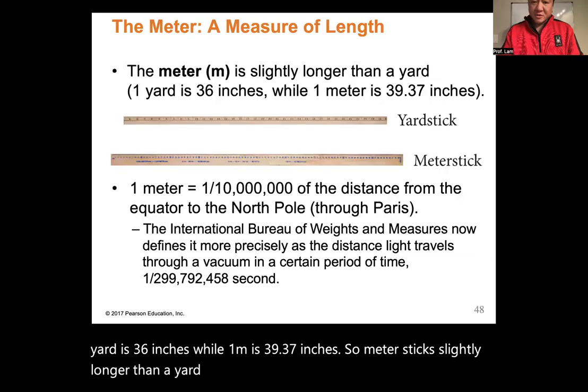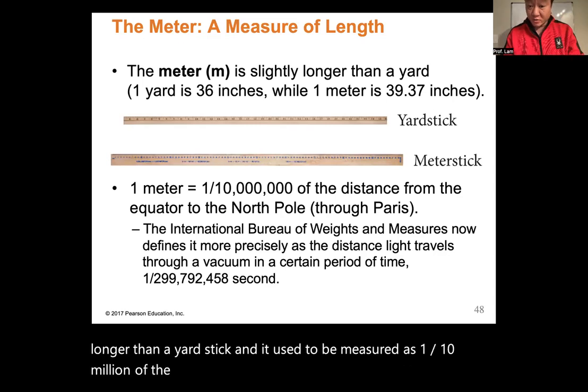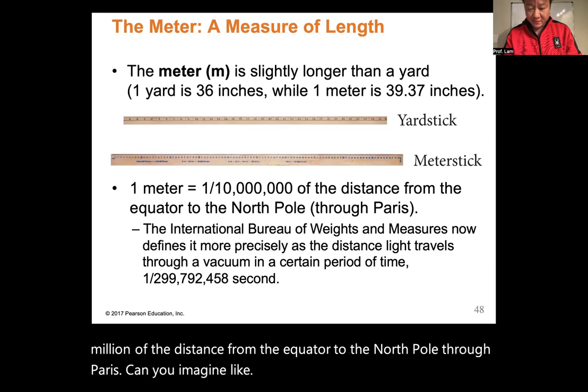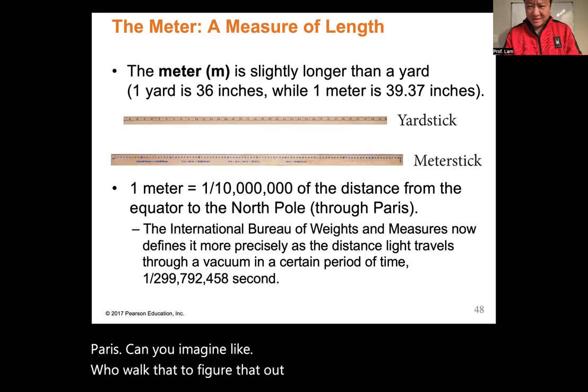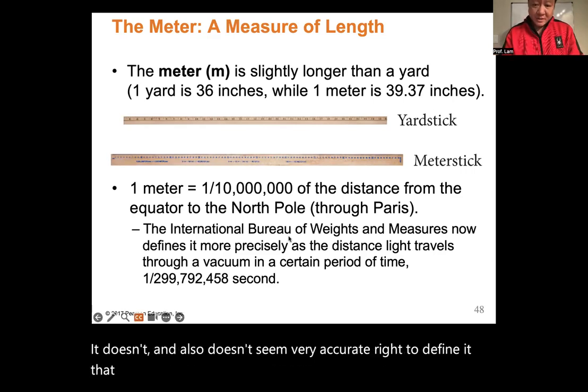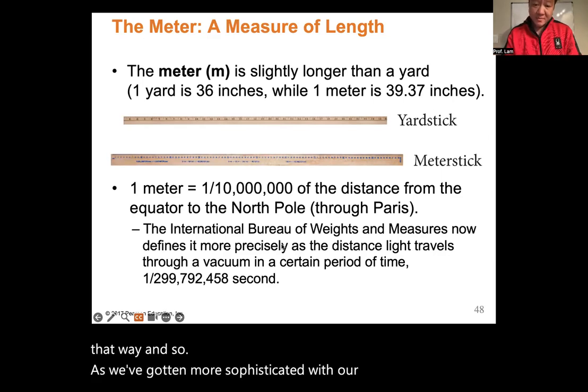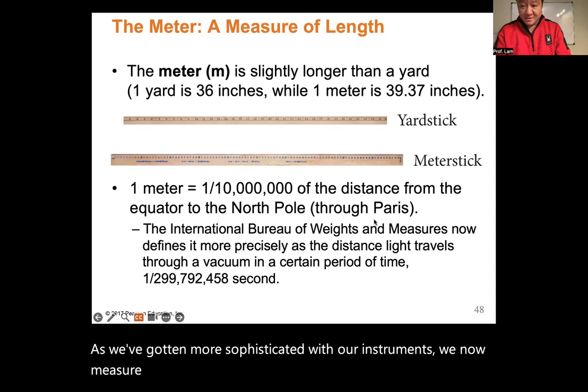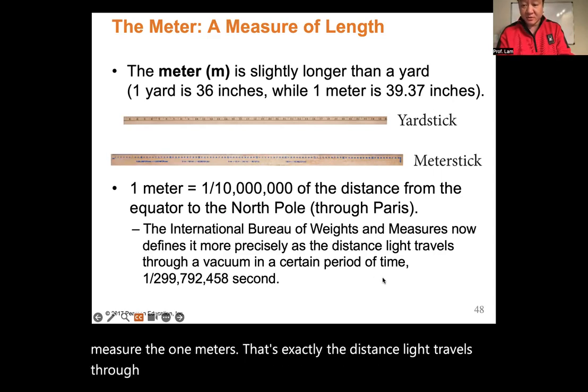And it used to be measured as 1/10 millionth of the distance from the equator to the North Pole through Paris. Can you imagine who walked that to figure that out? It also doesn't seem very accurate to define it that way. And so, as we've gotten more sophisticated with our instruments, we now measure 1 meter as exactly the distance light travels through a vacuum in a certain period of time.